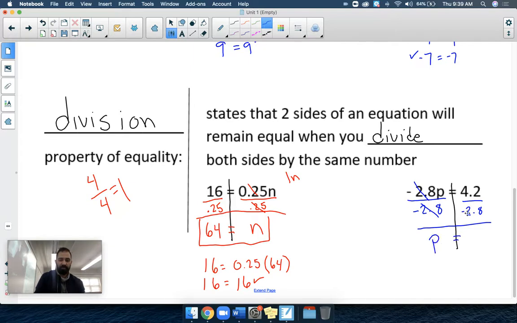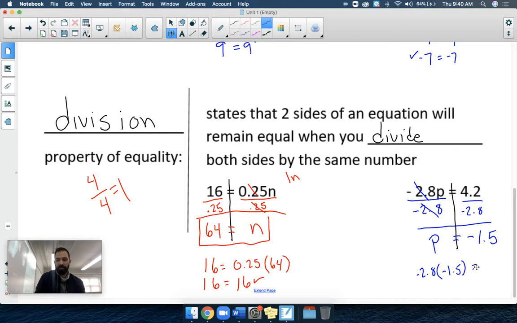What's 4.2 divided by negative 2.8? I'm dividing by a negative, so I know it's negative. 4.2 divided by 2.8 is negative 1.5. Let's check to see how we did. Negative 2.8, substitute for p, negative 1.5.